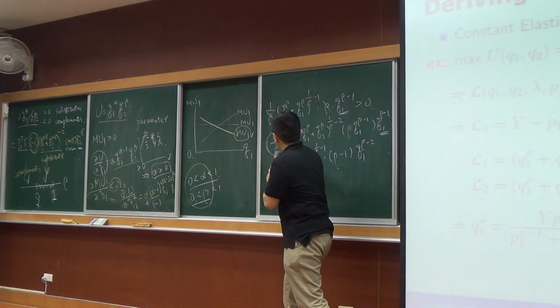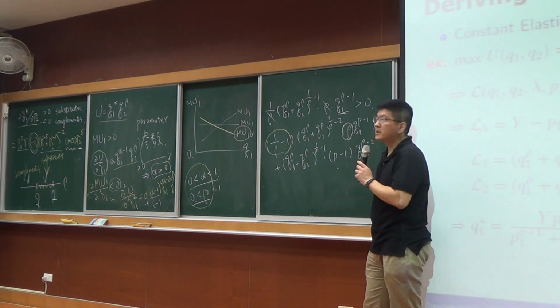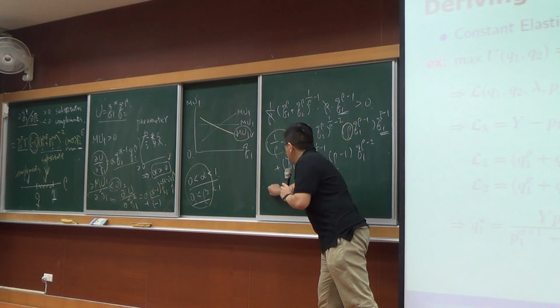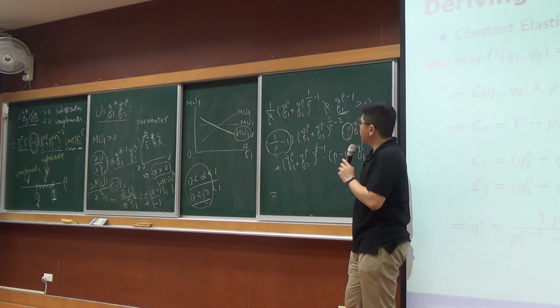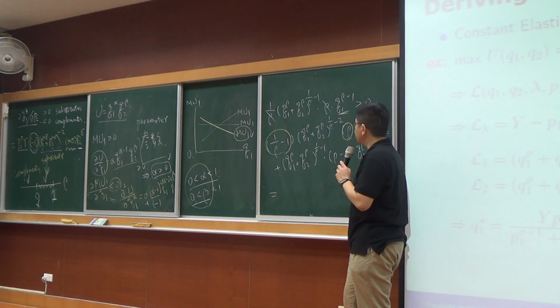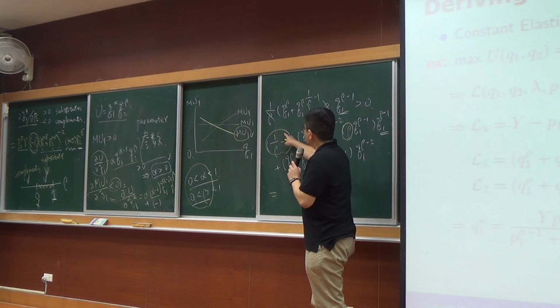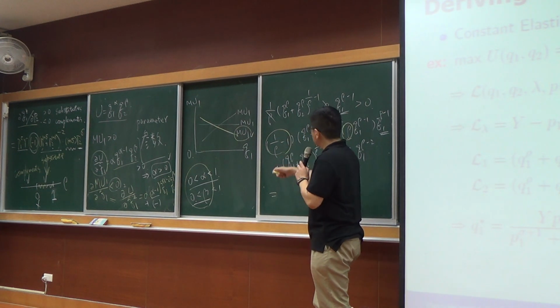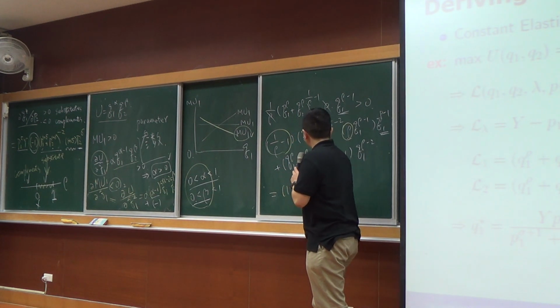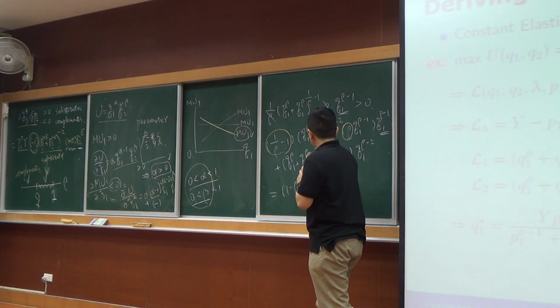And the multiple of these two would be 1 minus rho over rho. So it would be 1 minus rho something.